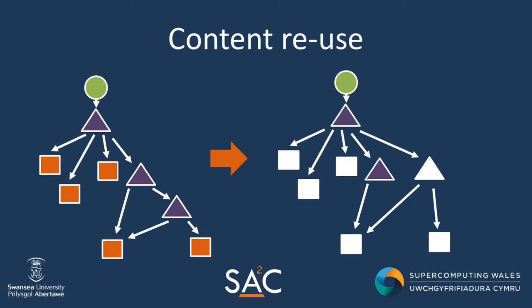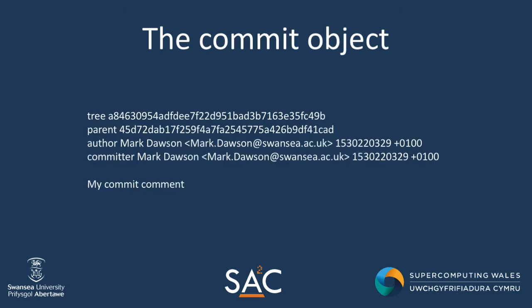I'll take a quick look at the three types of object, which are the commit, the tree, and the blob, and what's actually inside them. So this is a commit object. There is a file within your .git directory that contains this. Literally this, or very nearly literally this.